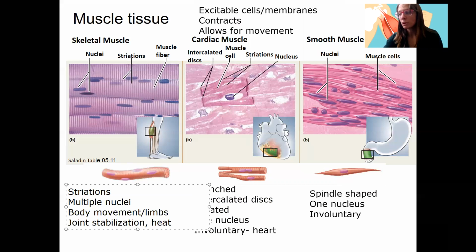Yeah, so these will be the focus. And then the last thing, this is voluntary, should be obvious already. So this again is your somatic motor division that is controlling these muscles. There are some exceptions to that, being some somatic reflexes that we'll come back to. All right, so that's the basics of types of muscle tissue.